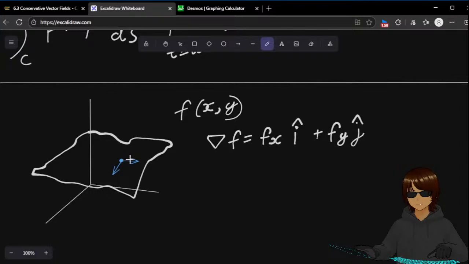So this vector plus this vector gives the gradient of f. The length of this vector is the partial derivative in the y direction, and the length of this vector is the partial derivative in the x direction.